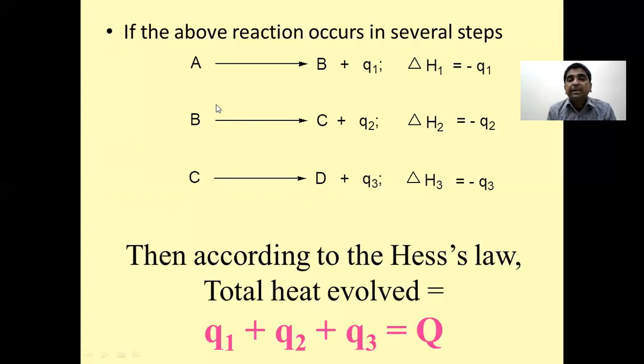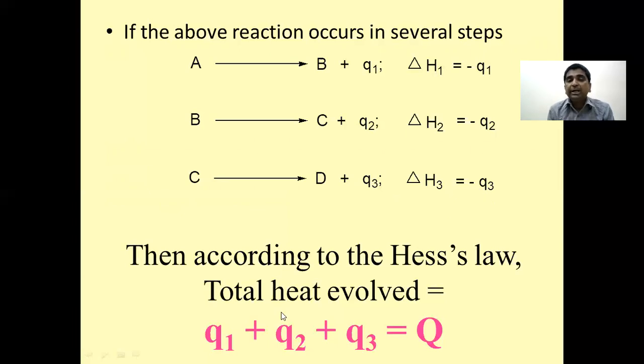Then the conversion of A takes place into B, and let us suppose Q1 amount of heat is released there, so that delta H1 for this first step becomes equal to minus Q1. For the second step, conversion of B into C, let us suppose Q2 amount of heat is liberated, then delta H2 is equal to minus Q2. For the third step, conversion of C into D, let us suppose Q3 amount of heat is liberated, so delta H3 is equal to minus Q3.